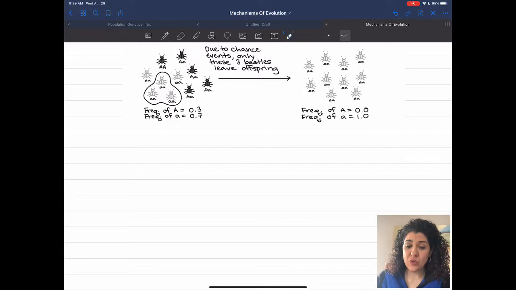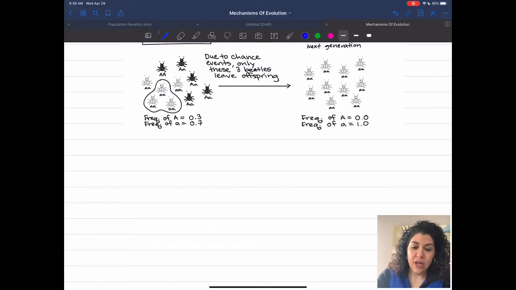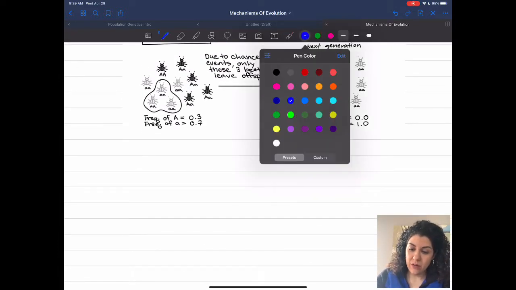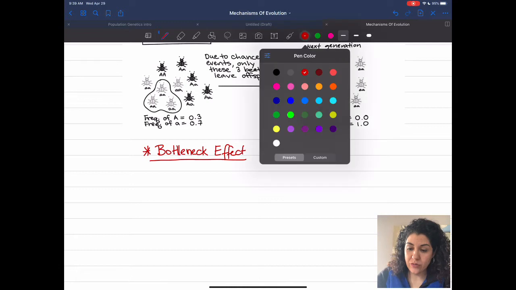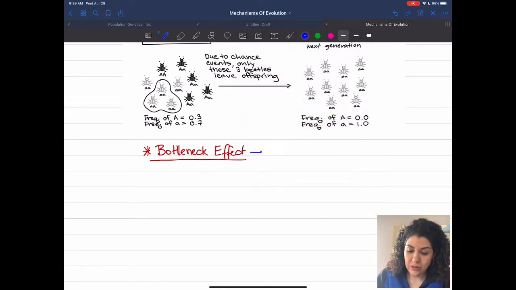Now, there are two specific kinds of genetic drift that you need to be aware of. So the two specific kinds are called the bottleneck effect. And the bottleneck effect is something that happens, for example, after a natural disaster. So the bottleneck effect, and I'll show you a picture of why it's called the bottleneck effect.